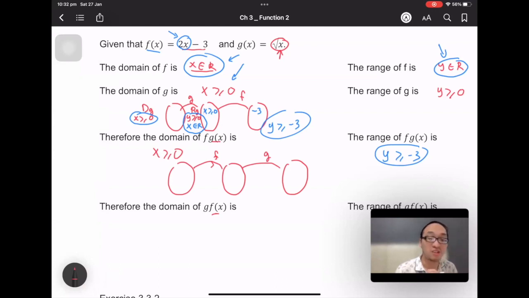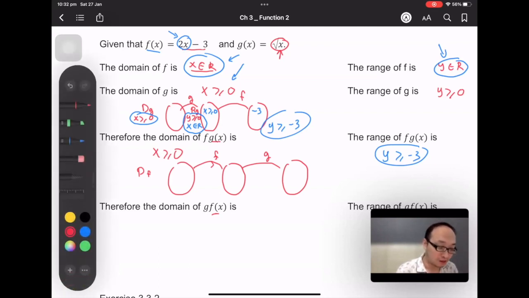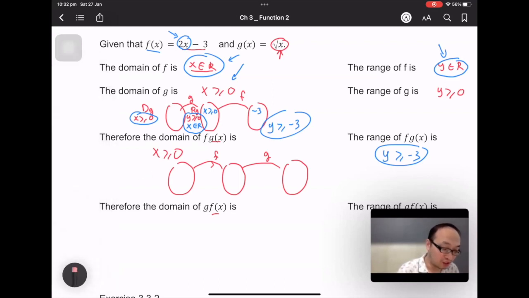So the domain will be the domain of f. So this is the domain of f. Put into the function f(x), it will result in the range of f.